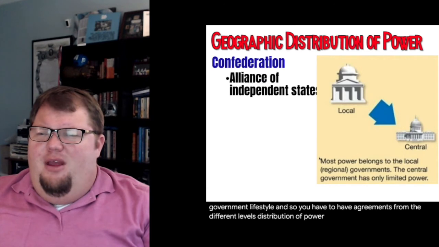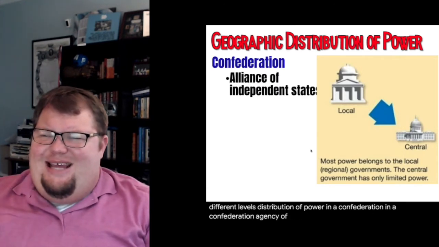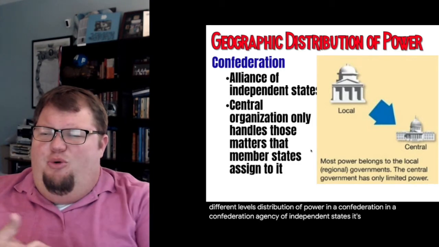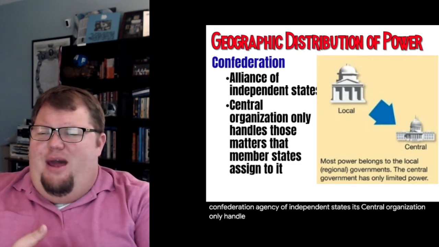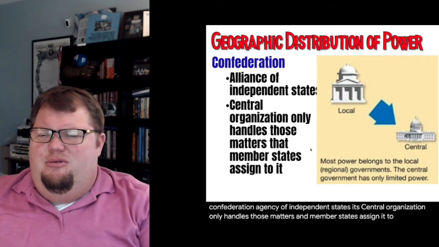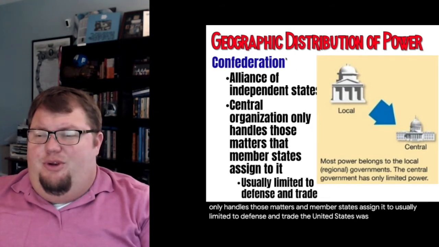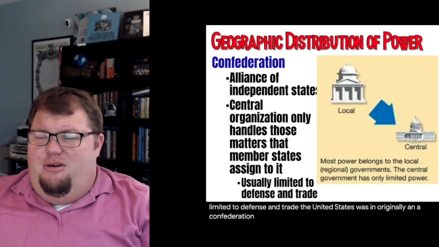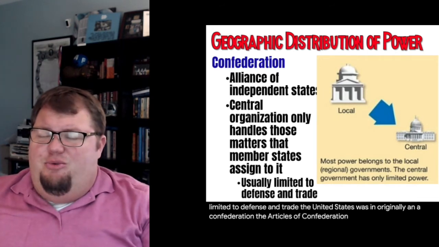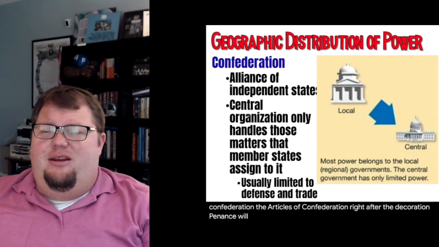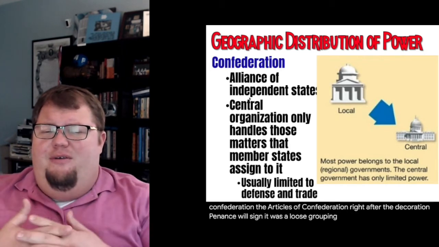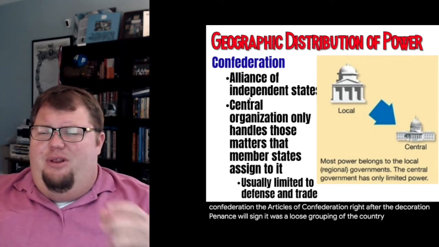Distribution of power in a confederation. A confederation is an alliance of independent states. Its central organization only handles those matters that member states assign it, usually limited to defense and trade. The United States was originally a confederation. The Articles of Confederation, right after the Declaration of Independence was signed, were a loose grouping of the country, and it really didn't work out.